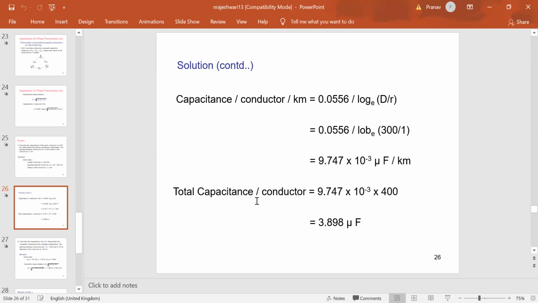The total capacitance per conductor will be 9.747 into 10 to the power of minus 3 into 400 kilometers. So we will calculate the total capacitance of the conductor, which is equal to 3.9898 microfarads, the total capacitance per conductor of the given 400 kilometer line.